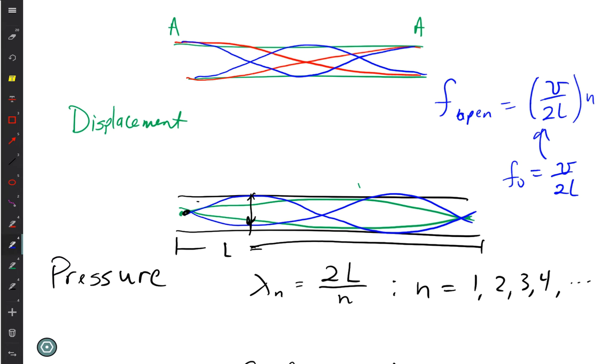One thing that's really interesting to note, though, is if you go from one harmonic to the next harmonic, that is if n goes from, let's say, 7 to 8, how much does your frequency go up if you have an open tube?